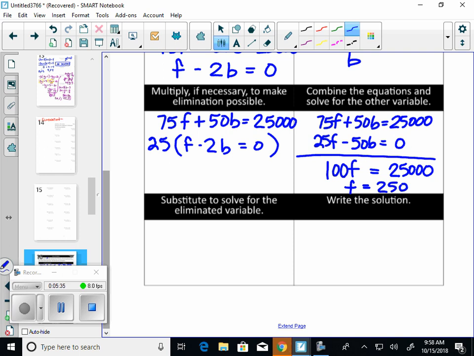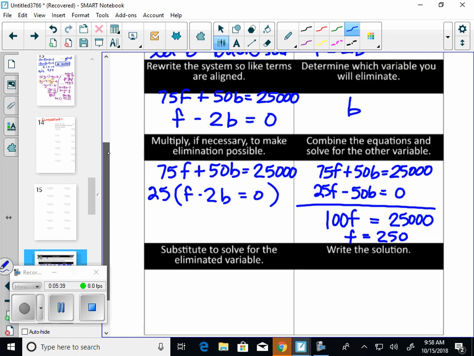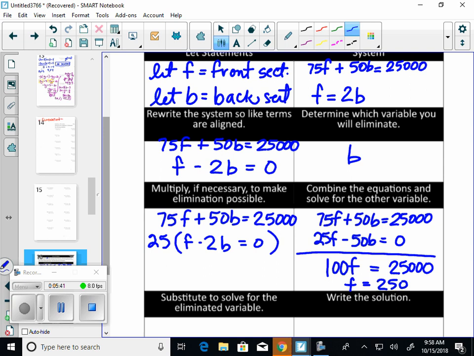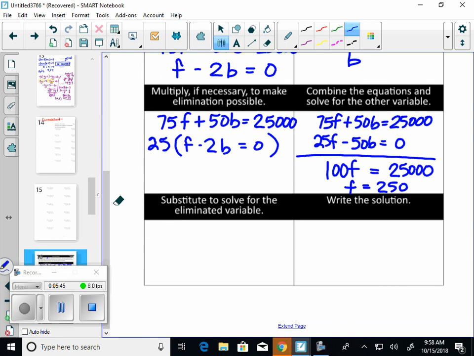Now that I have F, let's just plug it back in. So go back to the original of F equals 2B, and let's plug it in. So F equals 2B. F is actually 250. That's equal to 2B. So what is B equal to? 125? Yeah.